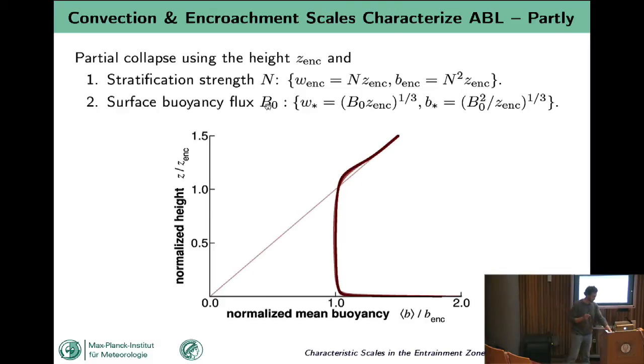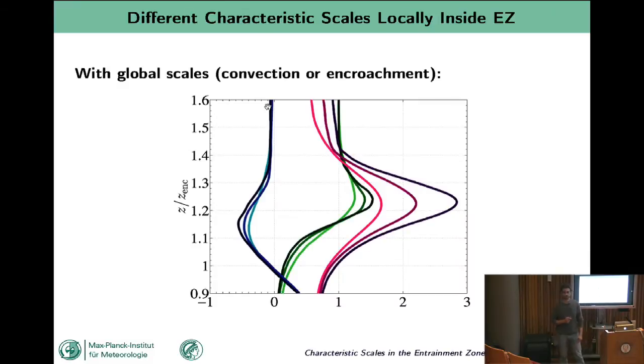The problem is that if you look at the entrainment zone, and that is where we want to look, it doesn't work. Here what you have, again, are quantities as a function of height that are related to the buoyancy. In green, you have the mean gradient of the buoyancy. In red or pink, you have the buoyancy RMS, simply the intensity of the fluctuations around the mean that we have seen before.